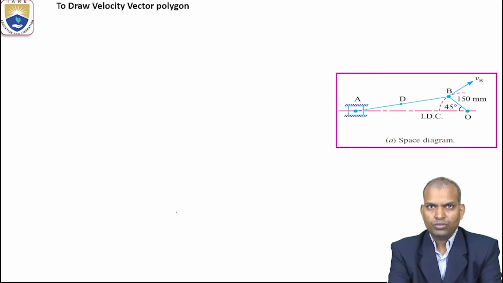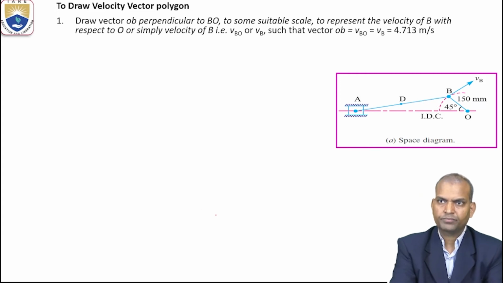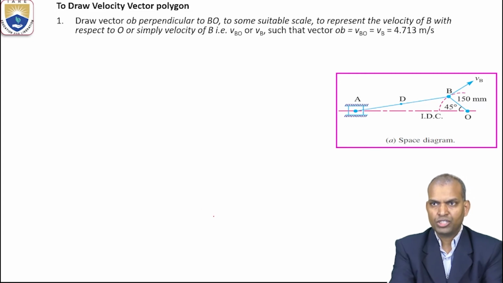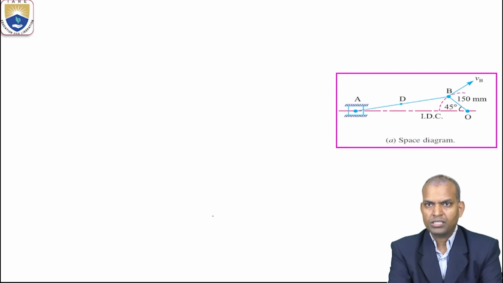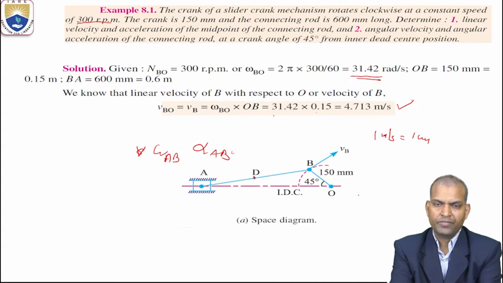To draw the velocity polygon, first step, draw vector OB perpendicular to some suitable scale. We know velocity BO, that is VBO equal to 4.713 meter per second. You consider 1 meter per second equal to 1 centimeter to draw the vector diagram.